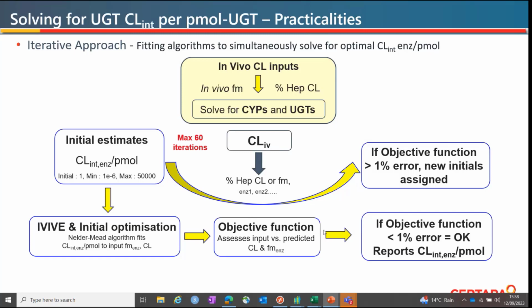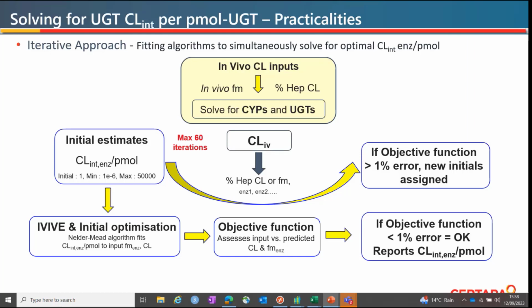If it's not satisfied, then it will find a different initial estimate, it will run through it, and it will go on through that cycle. And then it will return your solutions once an objective function is found that's less than 1% difference from those input on the screen. So essentially that's the way that the iterative model works.